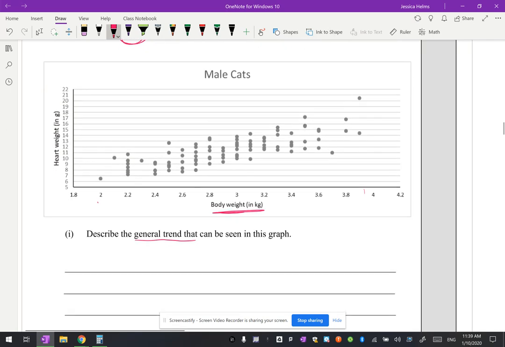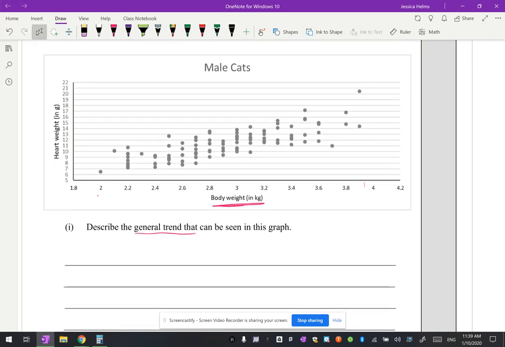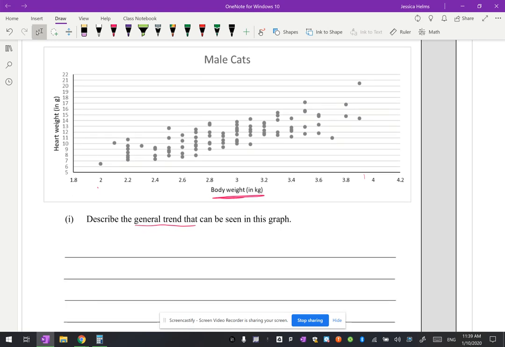Okay, so when it comes to a scatter graph, there's some very particular things that we want to talk about. So we want to talk about the trend in terms of its direction. If you got your ruler out, you could have drawn a line of best fit through this.